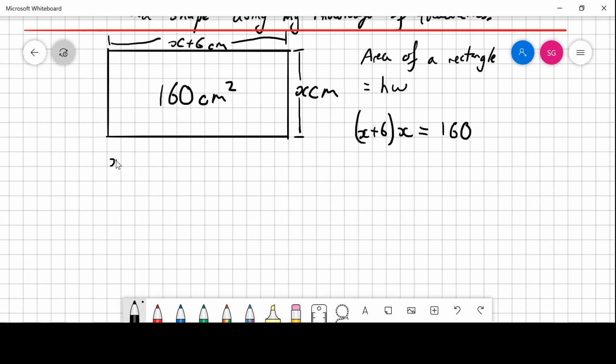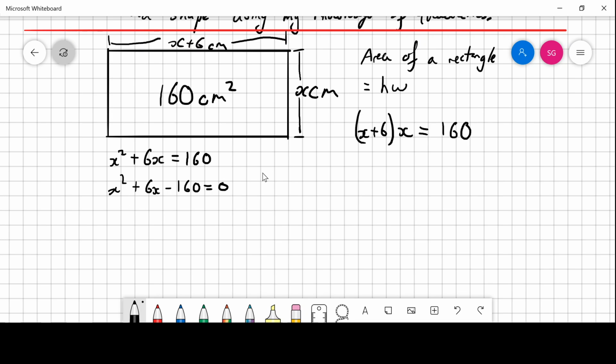From that, you're going to get x squared plus 6x equals 160. What we want to do now is bring this 160 over, and we will end up with a nice little quadratic. And now we're just solving this quadratic.